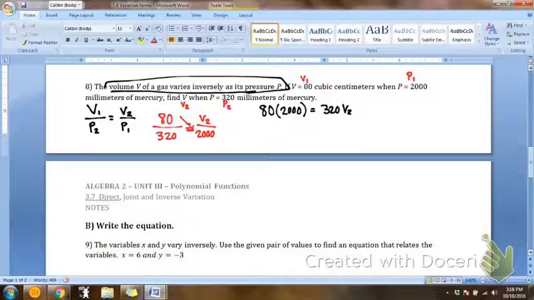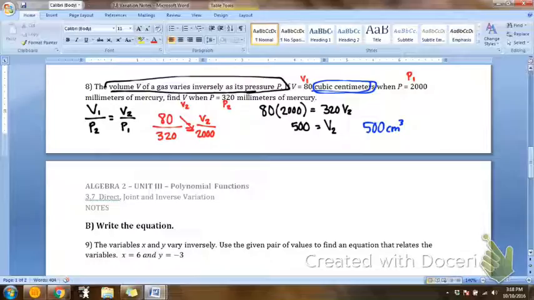Okay, because this is a story problem, though, we need to make sure that we know what we're talking about. Volume is measured in what? What's the unit of measurement? Cubic centimeters, right? So our 500 should be 500 centimeters cubed, which is the same thing as cubic centimeters.